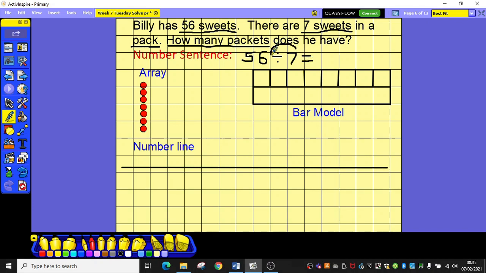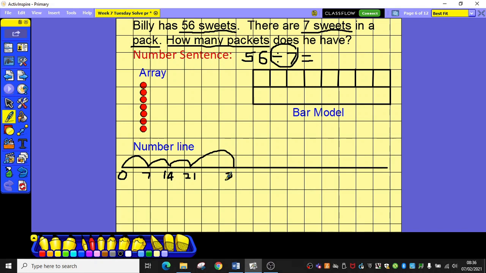Now, when we divide by 7, we know that means we can count up in 7s. So we could easily show that on a number line, and obviously we start at 0, and we're going to 7, 14, hopefully you're already ahead of me, 21, 28.